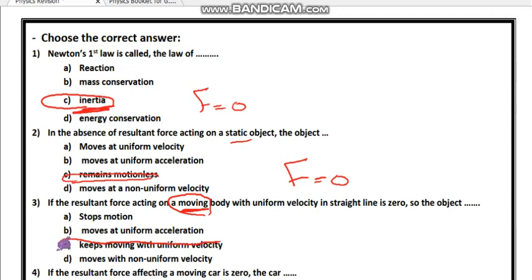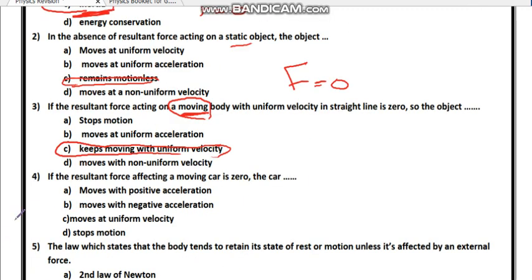There is no acceleration until the total force acting on it is not zero. Okay, after that we have: if the resultant force affecting a moving car is zero, the car will... Think about it for a second.